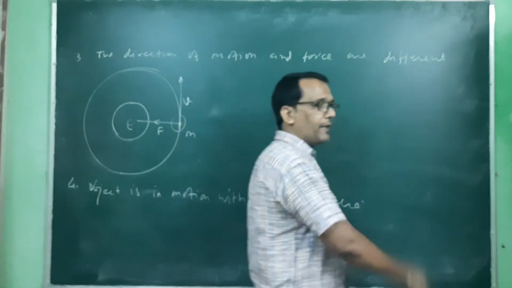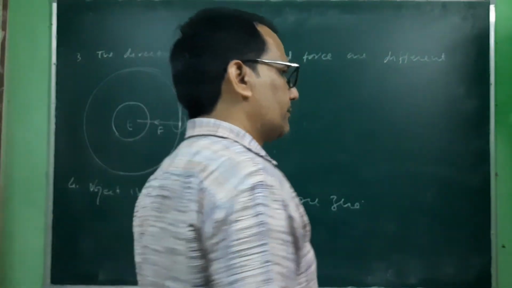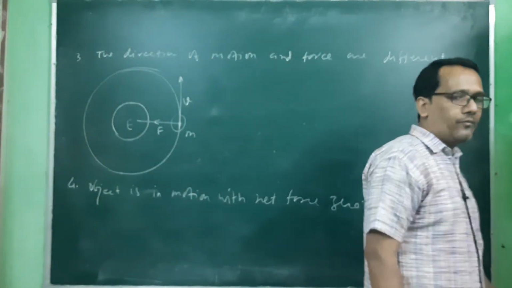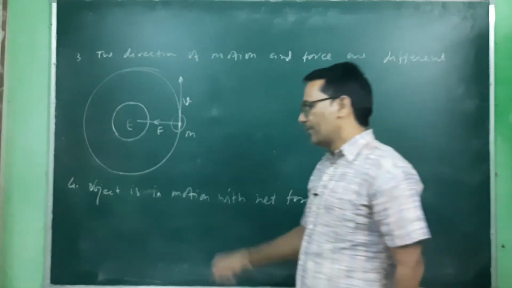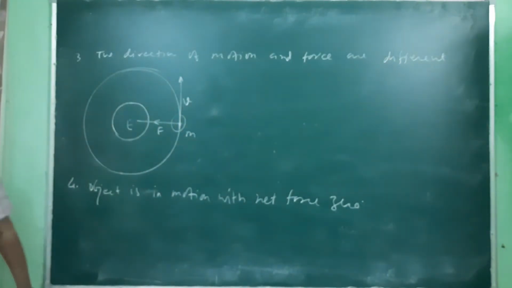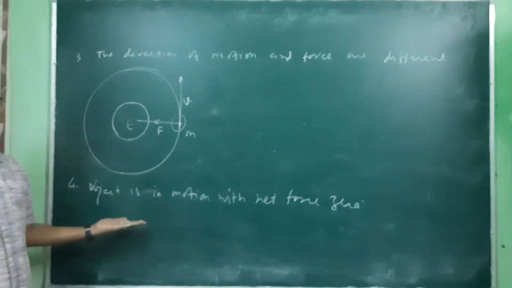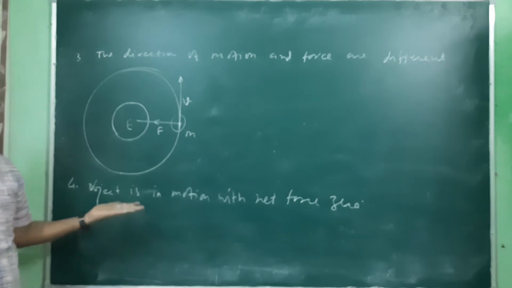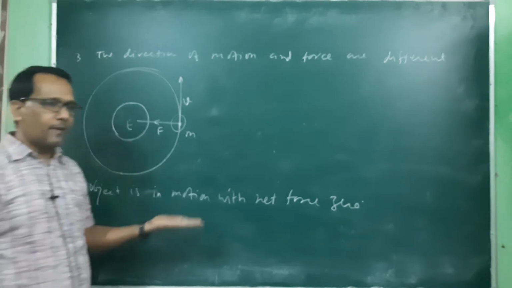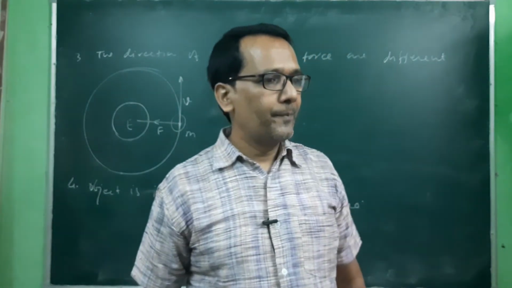There is no force applied, but that object is in motion. So there is no direction of force, or the magnitude of force is 0. So we may have some cases where there is no force, net force is 0, but that object is in motion. For example, raindrops.